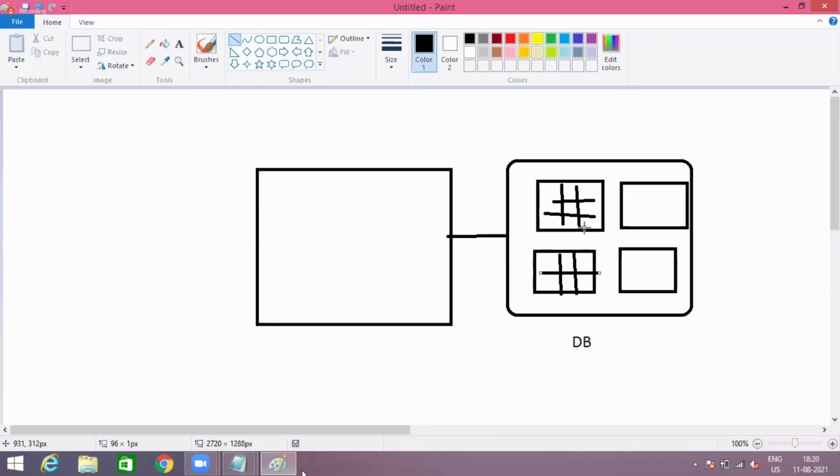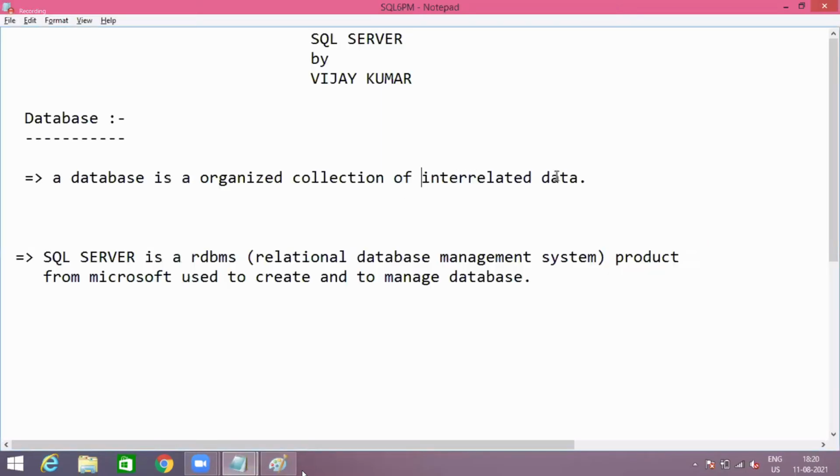So inside the database, you store the data, and the data is organized in the form of tables, and the data is interrelated. What does interrelated mean? Suppose a bank database stores data related to bank customers, transactions, loans. A university database stores data related to students, courses, faculty. An e-commerce database stores data related to customers, orders, products. So every database stores interrelated data.